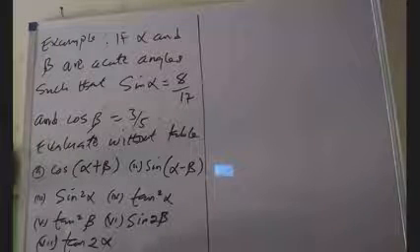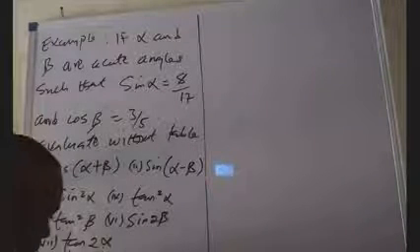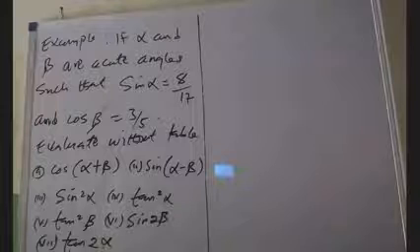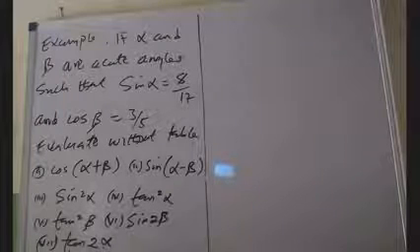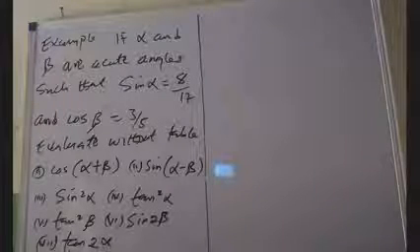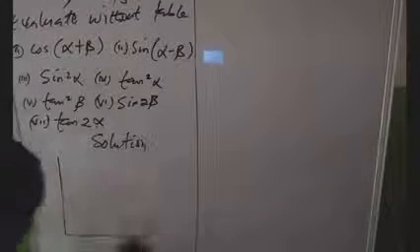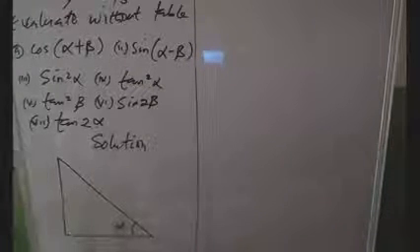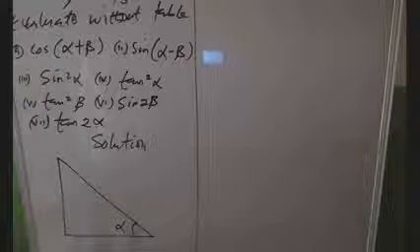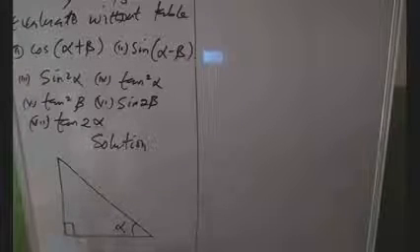First of all, let's start with alpha. Let's look at this triangle. Here you have your triangle. Here is your alpha, that's the angle alpha, and here is your right angle.